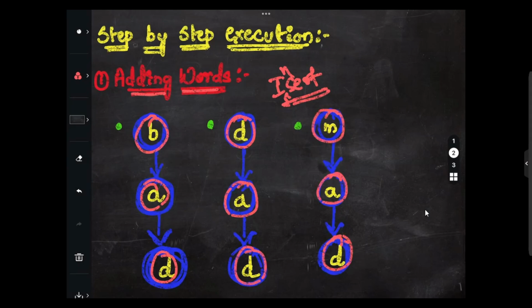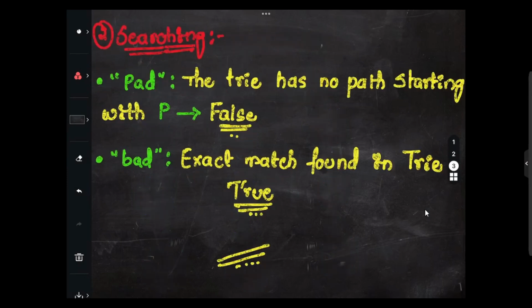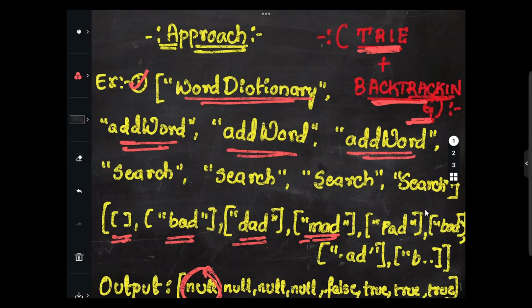We have successfully inserted bad, dad, and mad. That's what they have asked in the question. The return value remains null for add word, so null, null, null. This is fine.